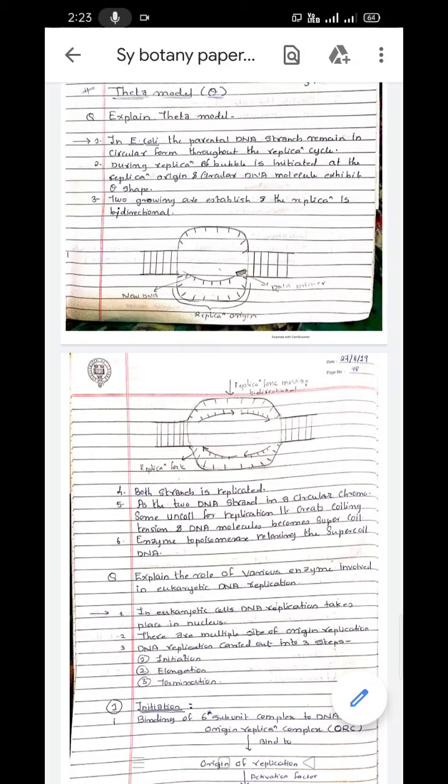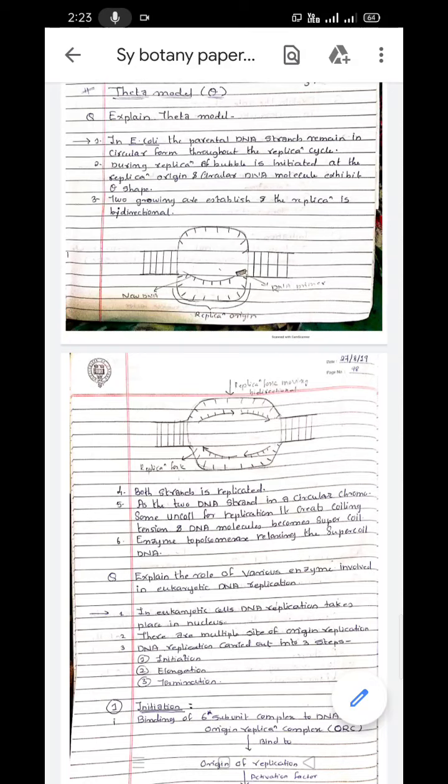So the DNA molecule becomes supercoiled, but the enzyme topoisomerase helps to remove the tension from this DNA supercoiling. This happens in the case of prokaryotic cells or E. coli.